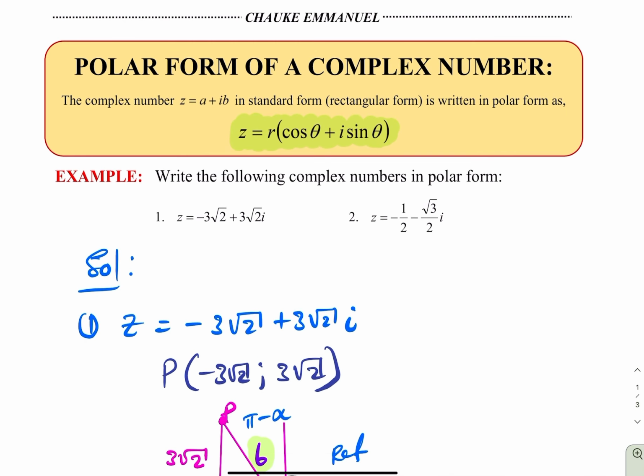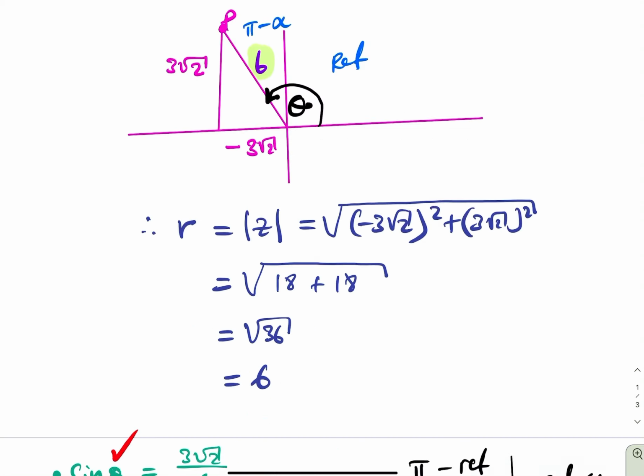We have z equal to negative half minus root 3 over 2 multiplied by i. So this would really be easy as well. Let's check number 2. We get z equals negative 1 over 2 minus root 3 divided by 2 i. We want to write this in a polar form or a modulus argument form.